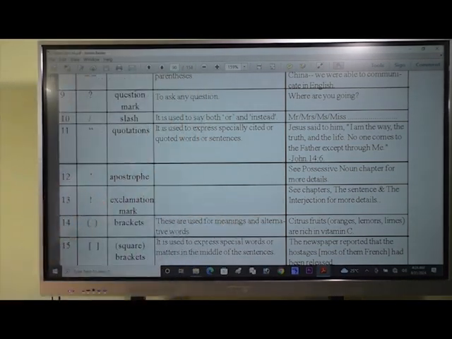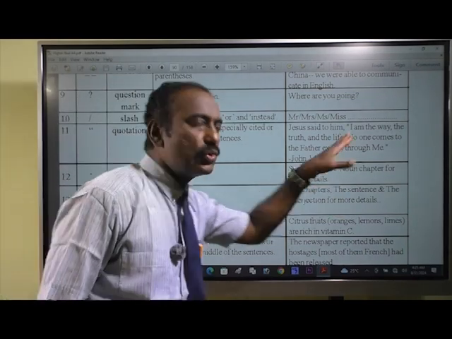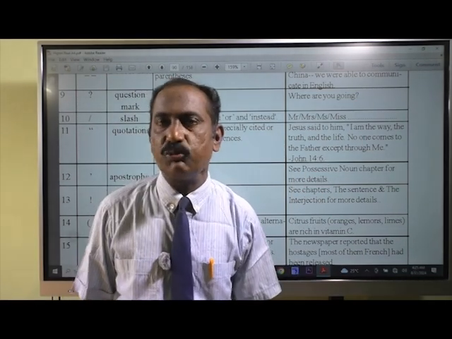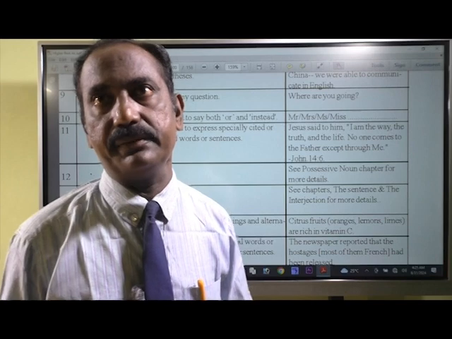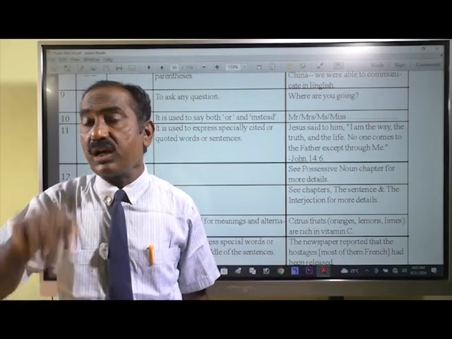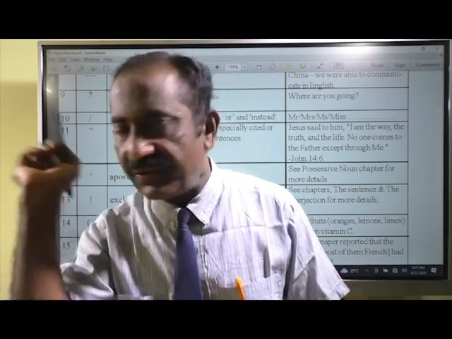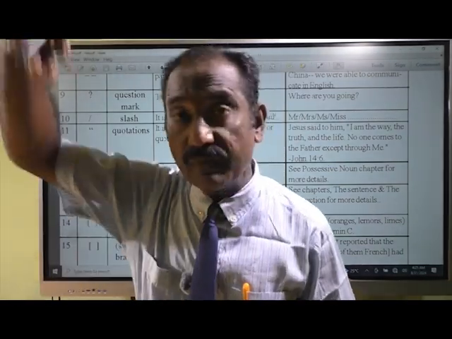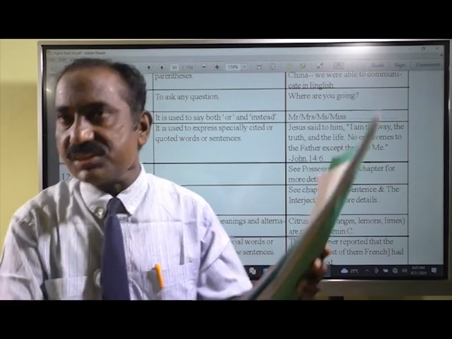Okay, next, apostrophe. Apostrophe is always used for possessive cases. Possessive means it is mine, it is yours. But possessive pronouns do not take any apostrophe. They are formed in the form of possessive shape.